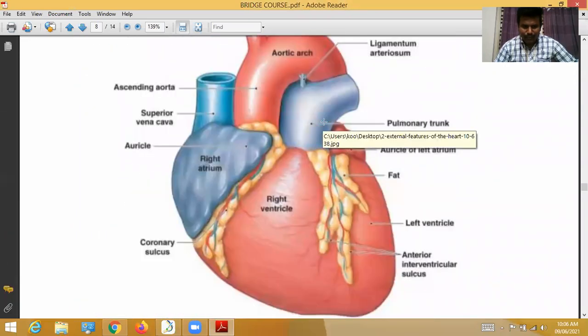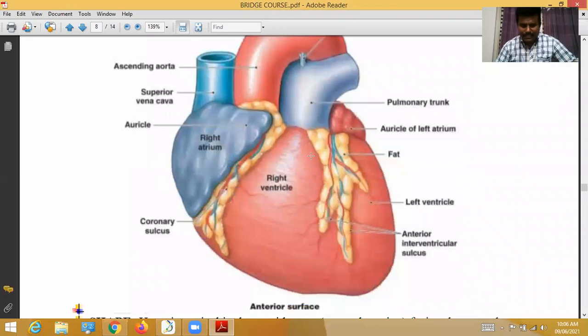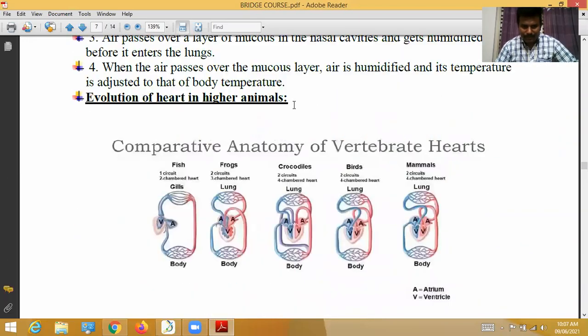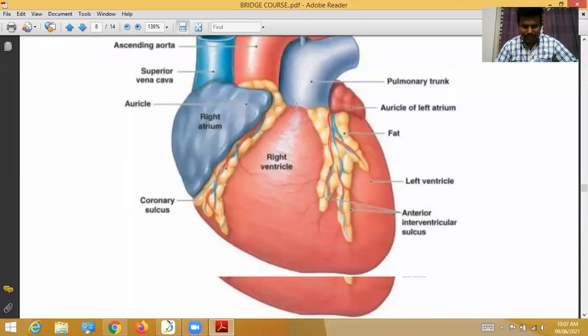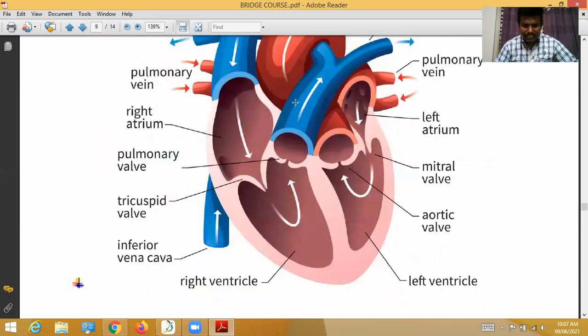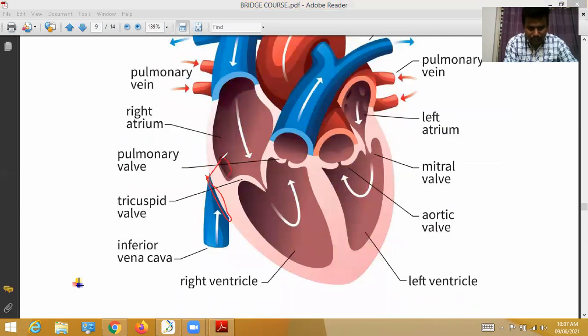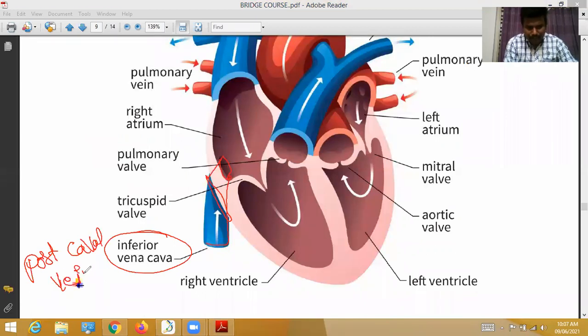Here they did not show it, actually it will be located here. In this picture it was shown. This is called the inferior vena cava, also called the postcaval vein.